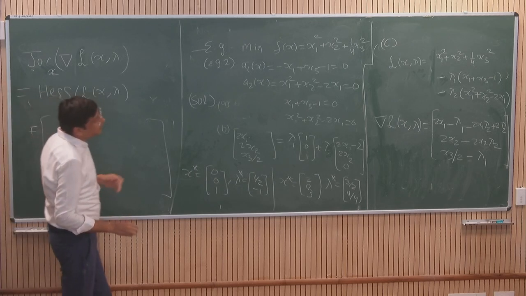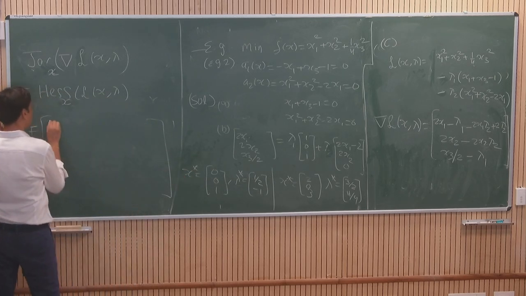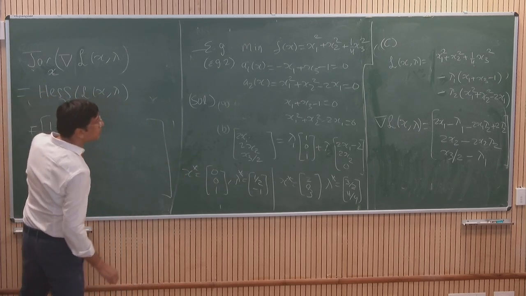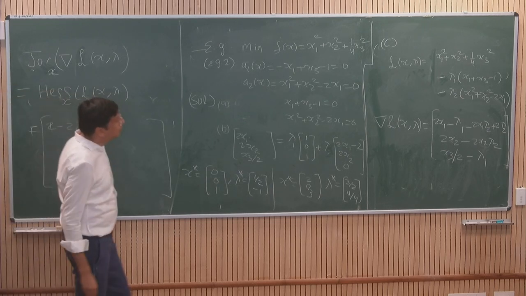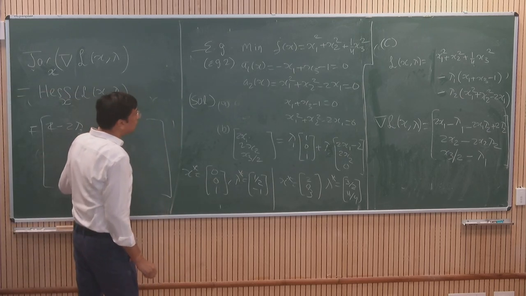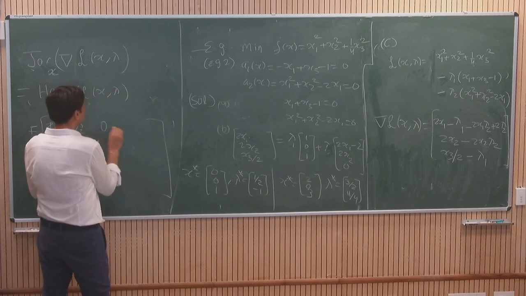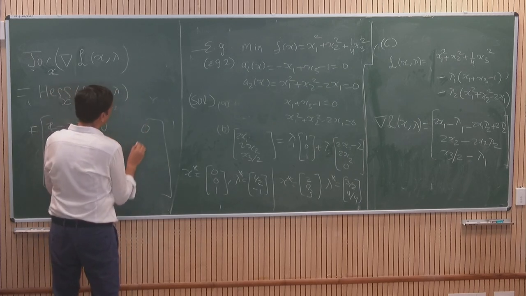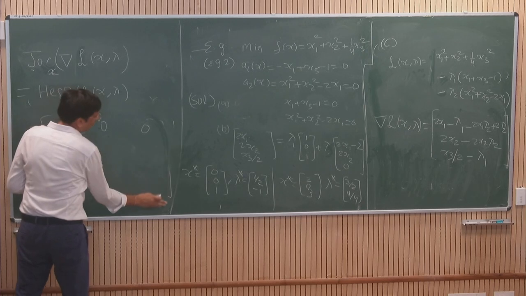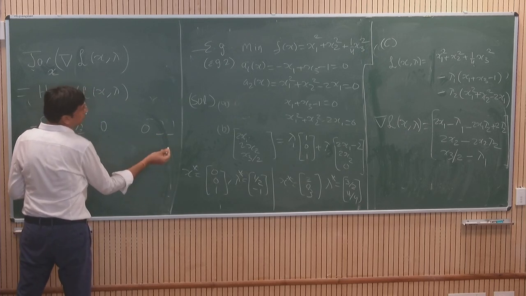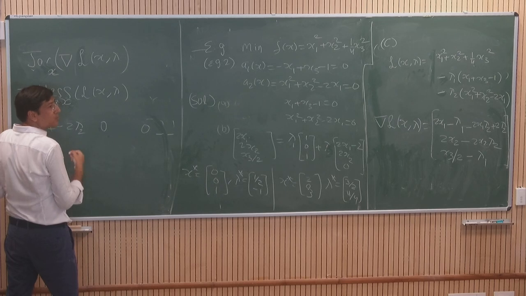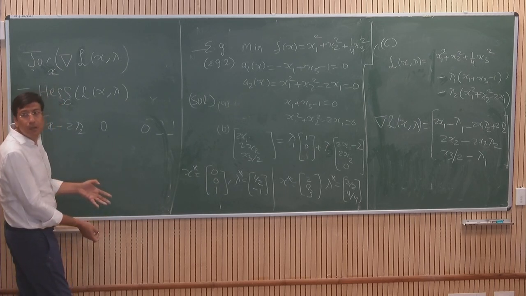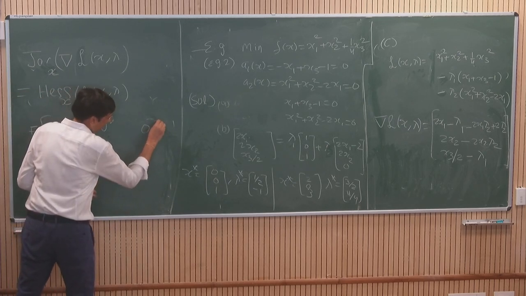With respect to x1, I will get 2 minus 2 lambda 2. With respect to x2, 0. With respect to x3, 0. If you were doing it with respect to lambda 1, lambda 2, it would become a 3 cross 5 matrix. But you're doing it only with respect to x, so it's a 3 cross 3 matrix. Making sense? It's a square matrix.